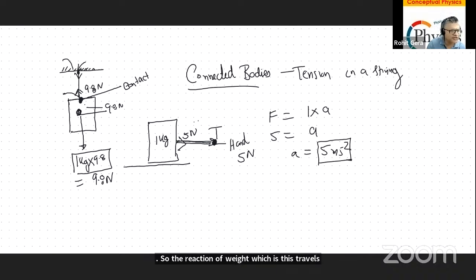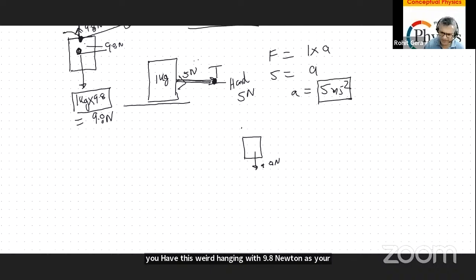travels through the string and tries to pull down. Therefore, if you have this weight hanging with 9.8 newton as your force, and you are having a string and this is your hand, your hand will experience 9.8 newton force.